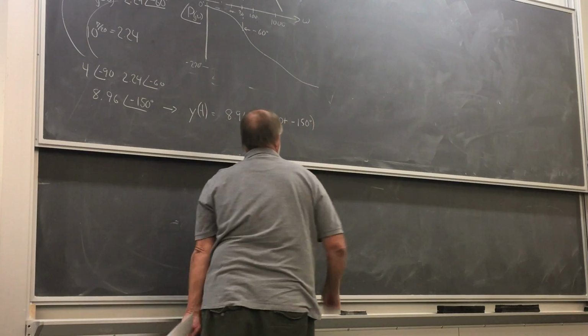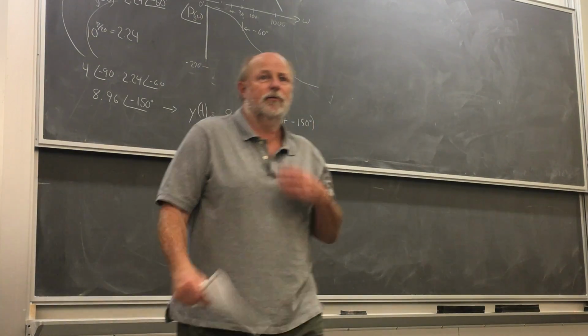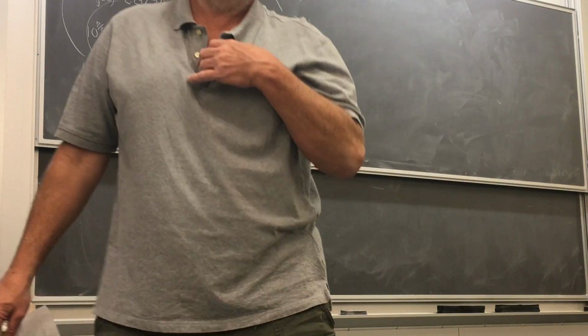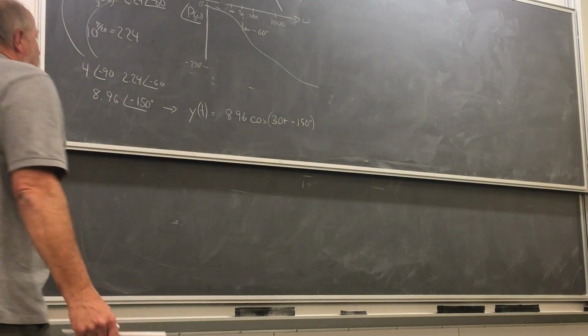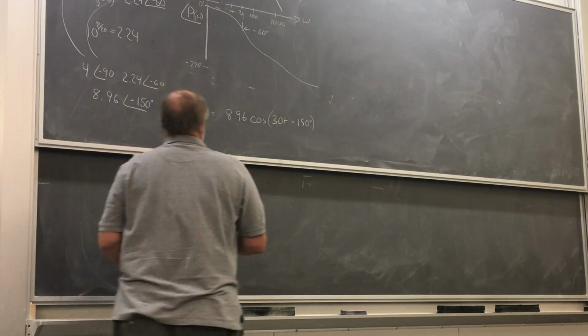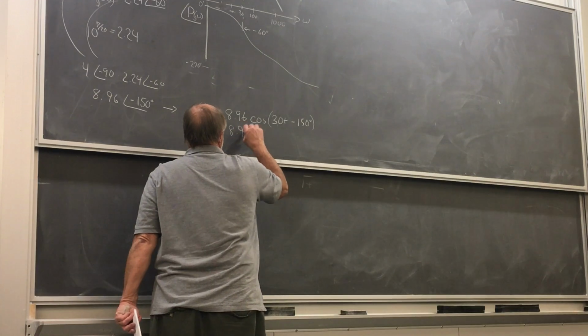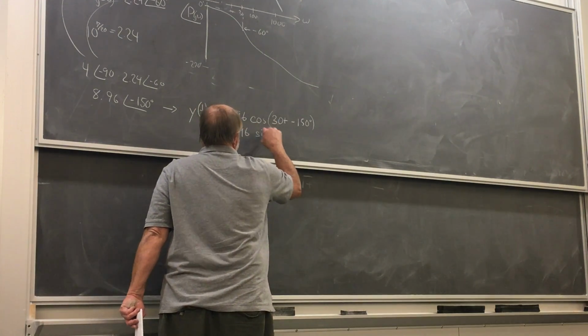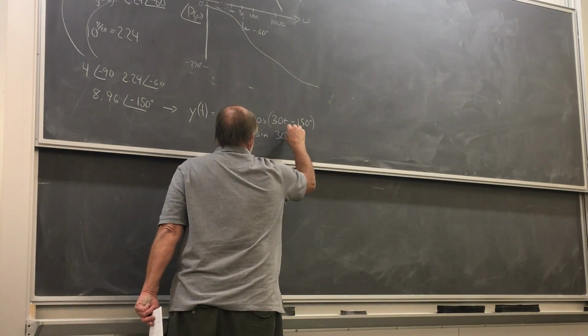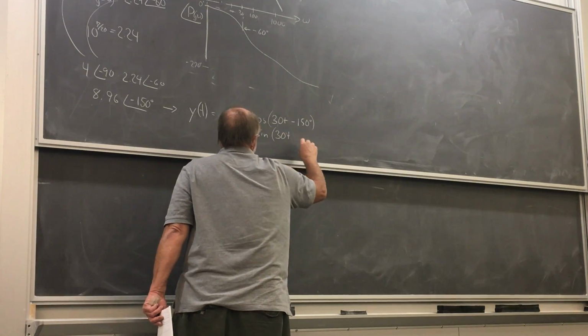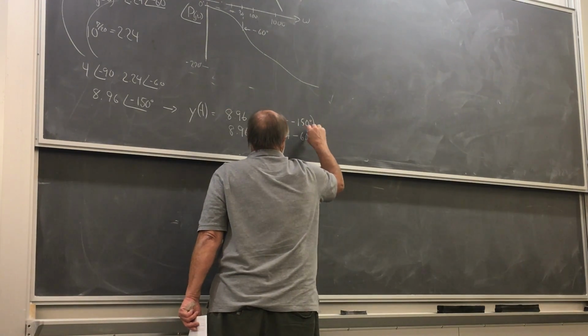This is probably the only answer I gave you on the results, right? I gave you the sine as well? Yeah. The other possible answer is 8.96 sine of 30t minus 60 degrees.